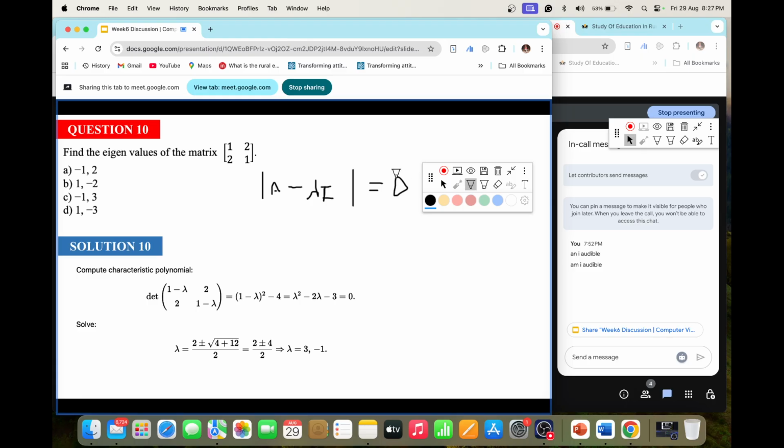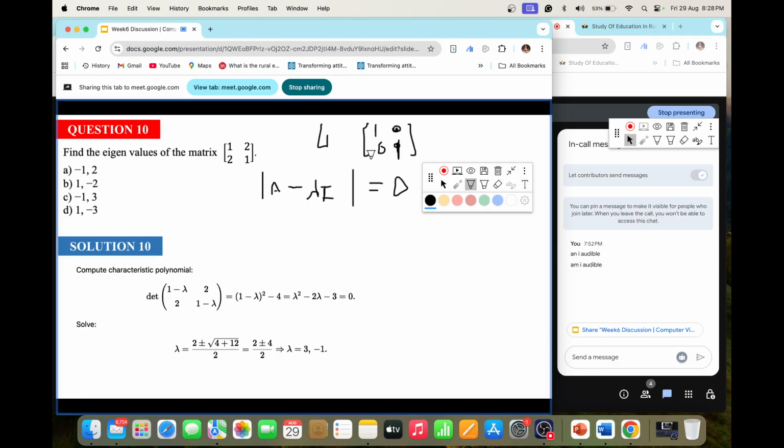Now it is very easy. Just do the determinant of A minus lambda I. Lambda will be subtracted only on the diagonal, because I is nothing but 1 0, 0 1.